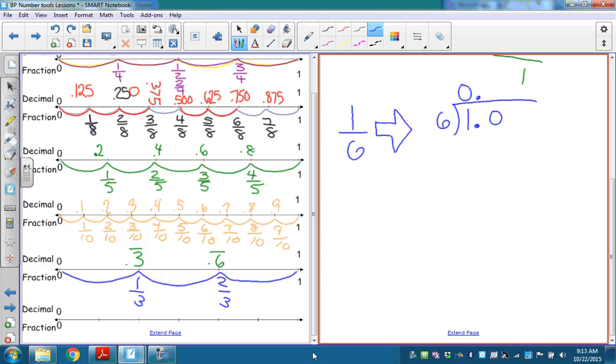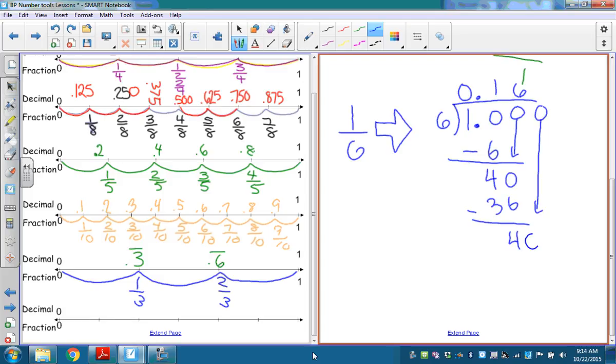How many times? 1. Subtract, and what do I get? Bring down the 0. What happens next? 6, right? Subtract, bring down the 0.